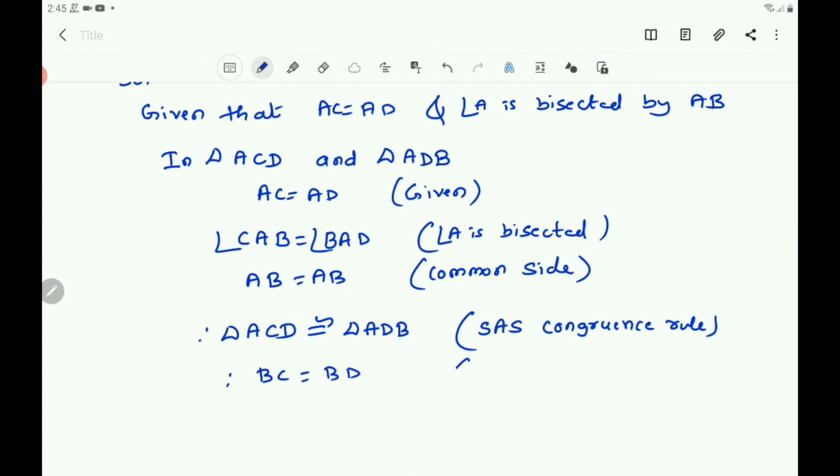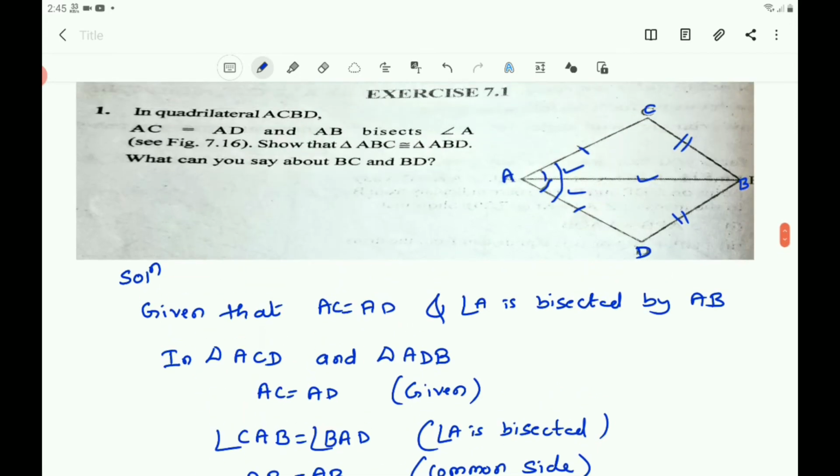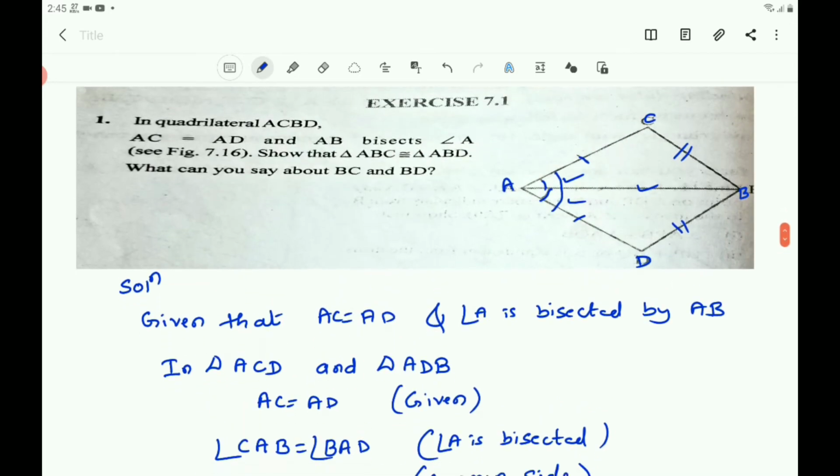Here the reason you can give is CPCT, corresponding parts of congruent triangles. Once you prove that two triangles are congruent, the remaining parts also become equal. So you can say that BC is equal to BD. That is the answer about BC and BD.